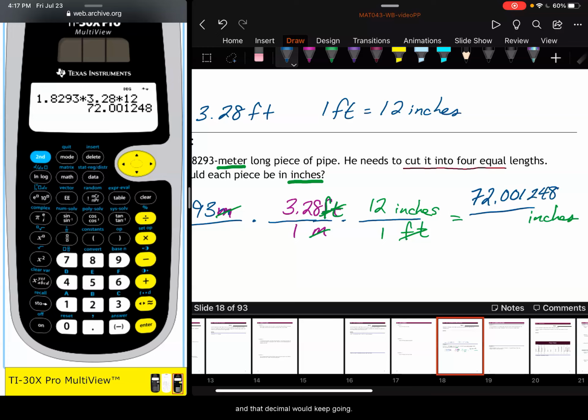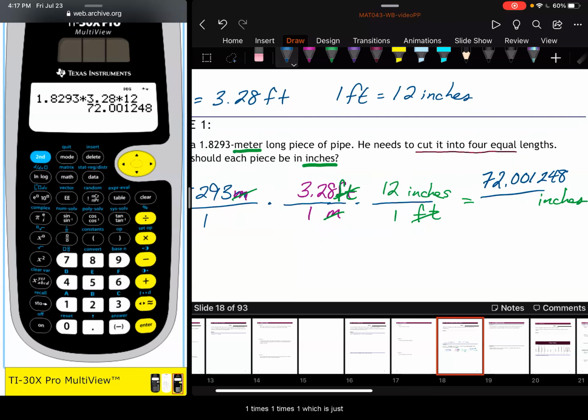And that decimal would keep going. That's just as many places it'll fit on my calculator. And then my denominator, we'd have 1 times 1 times 1, which is just 1. So this would be the whole pipe. So the whole pipe would be this many inches.